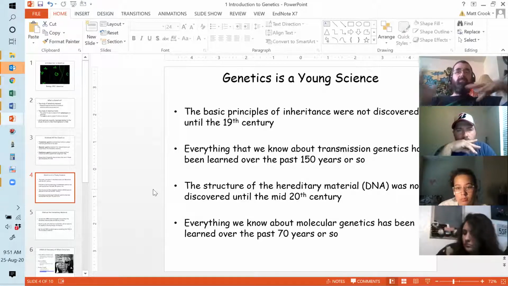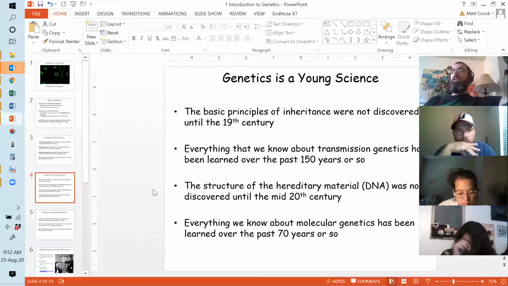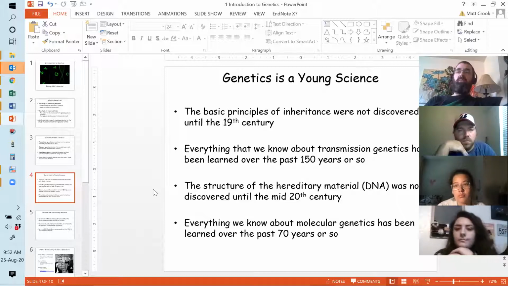So we're not one or the other, we're a little bit of both. But Mendel was really the first person to lay out the principles of inheritance in a very mathematically sound manner, which hadn't been done before.